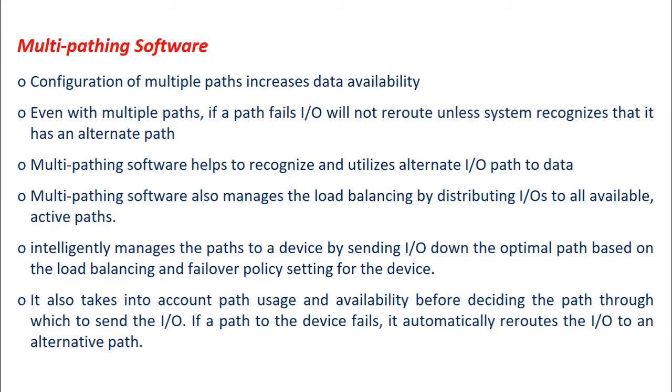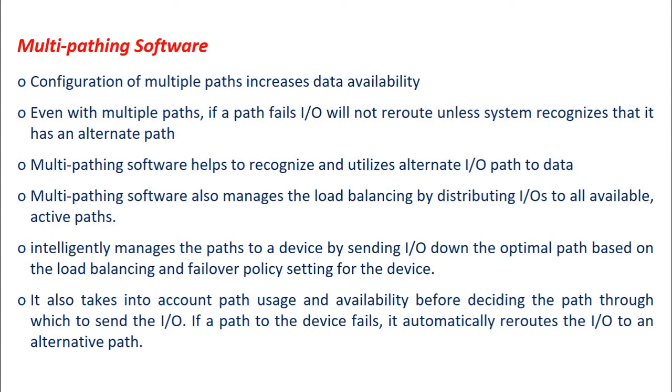It intelligently manages the path to a device by sending input output down the optimal path based on the load balancing and failover policy setting for a given device. Multipathing also takes into account path usage and availability before deciding the path through which to send the IO.